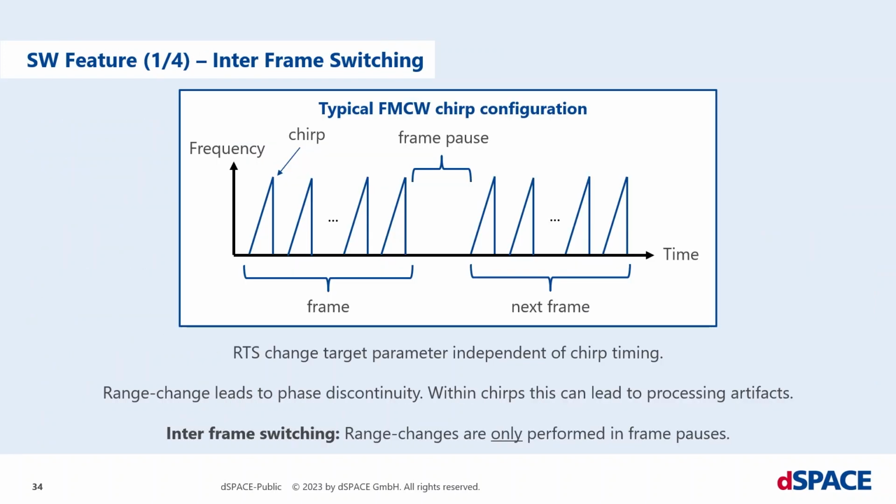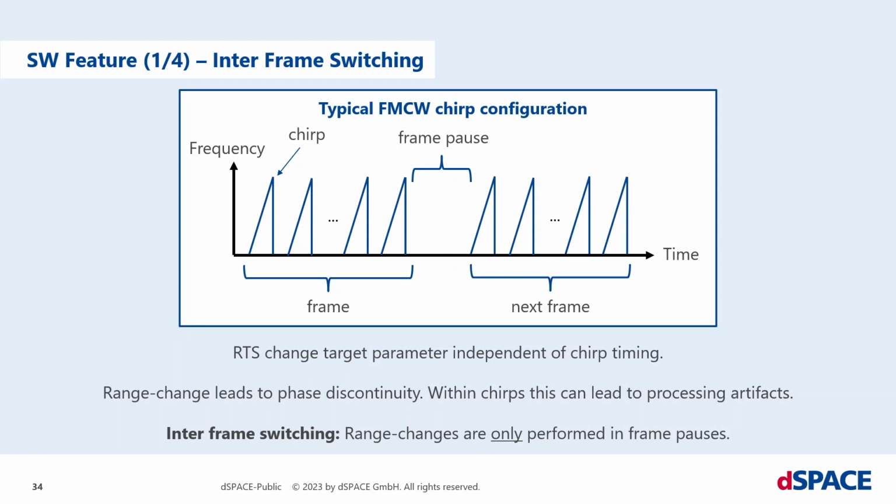At first, the interframe switching. This, what you see here, is a typical FMCW radar frame that consists of portions where the radar actively sends out chirps separated by frame pauses between 2 different frames. The radar target simulator typically switches all the target parameters whenever they are set by the users. This is because there is no analysis done in the radar target simulator at all, because it is agnostic.